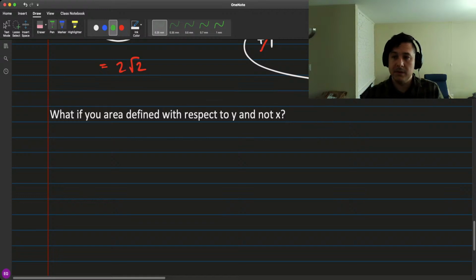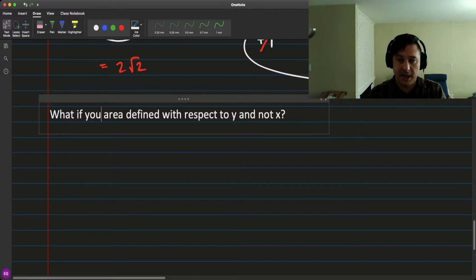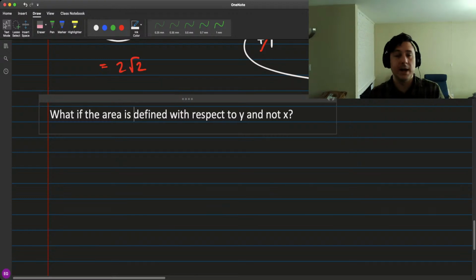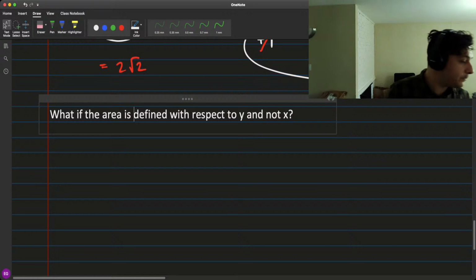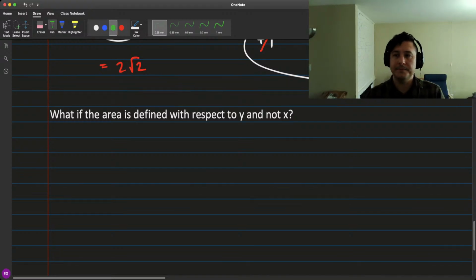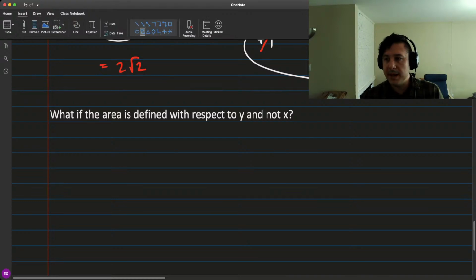What if the area is defined with respect to y and not x? So let me explain, what do I mean by that? Let me draw a little x and y axis.